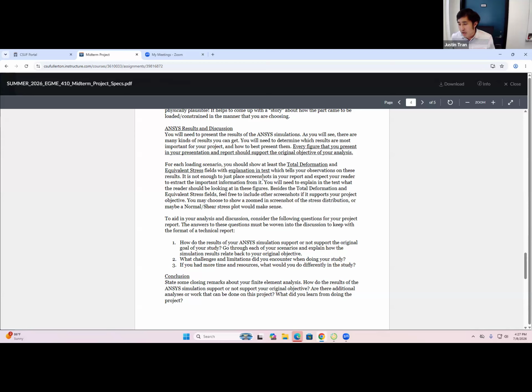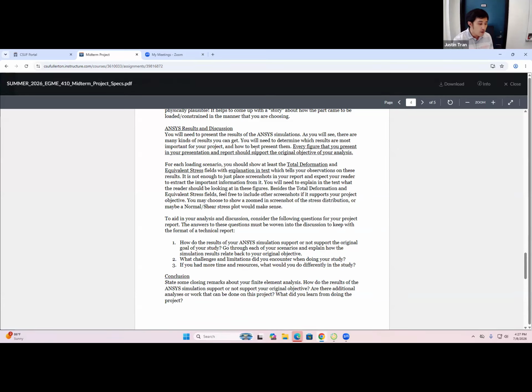And even more importantly, you need to explain what aspects of the deformation and the equivalent stress relate back to your original objective.